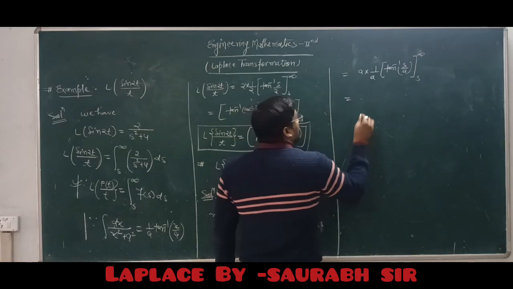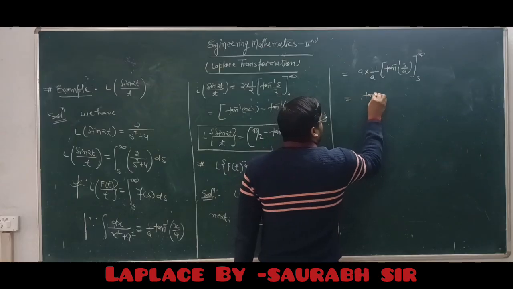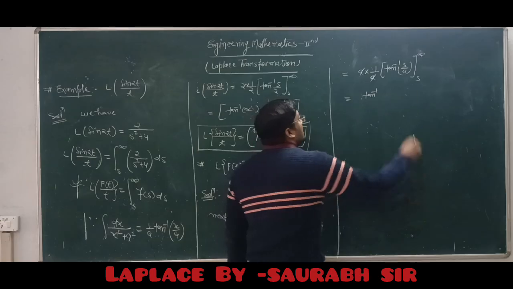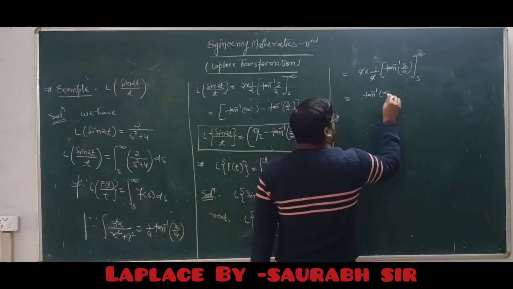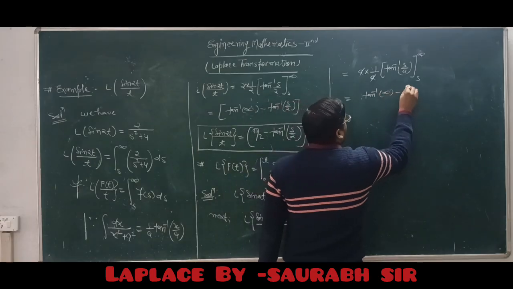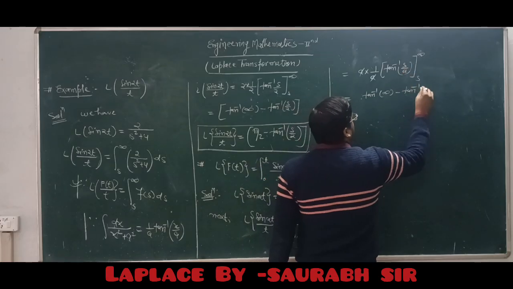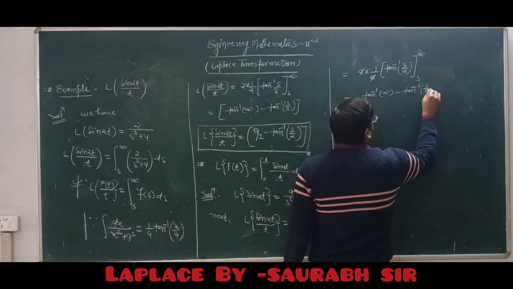Now you can write tan inverse, put the value of infinite, a is cancelled, infinite means tan infinite. Now tan inverse s by a.